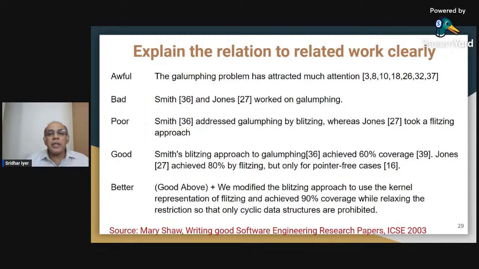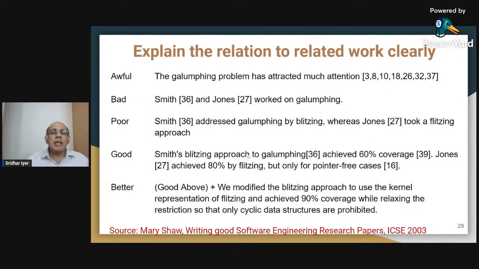If the referee feels that the problem itself is not novel and the positioning is not well done, then the referee may not read the rest of your paper, where you have described your work so carefully. You may just skim through it to see what the results are, and whether there is something new in your results. That is why positioning your work with respect to related work is very important.